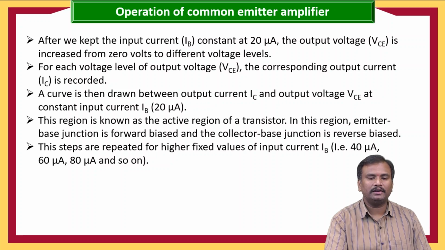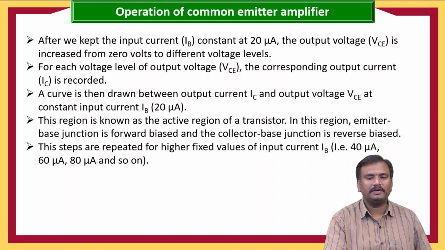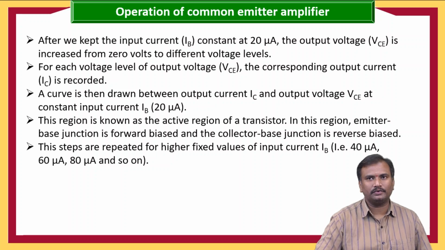In this region, the emitter base junction is forward biased and the collector base junction is reverse biased, and these steps are repeated for higher fixed values of input current IB, that is 40, 60, 80 microamperes, and so on.